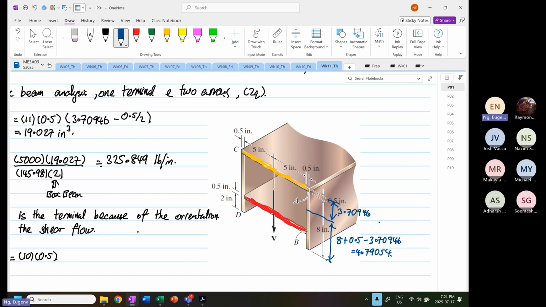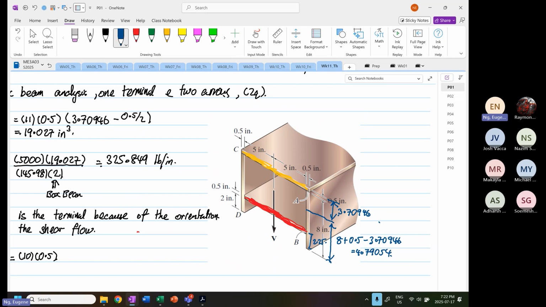Let me do it again: 8 plus 5.5 minus 3.70946 gives 4.79054. We know the distance from here to here is not 2.5; it's equal to 2.25, because of half of 0.5. So 0.5 divided by 2 plus 2 is 2.25.